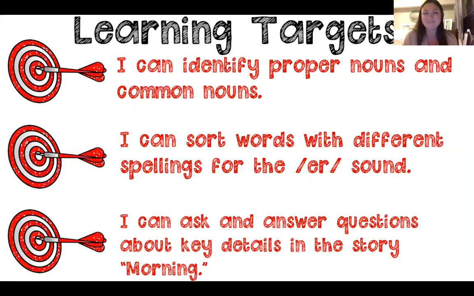Our learning goal number 2 says, I can sort words with the different spellings for the sound. Just a reminder, yesterday we looked at the sounds and knew that they were spelled with IR, UR, or ER, but they all have that same sound. We'll practice that a little more today.